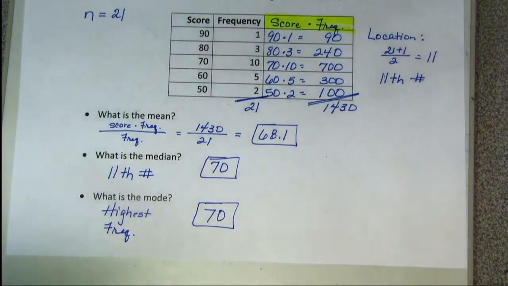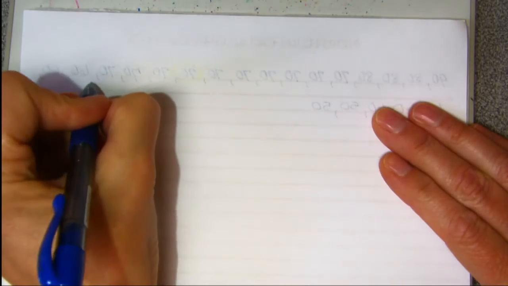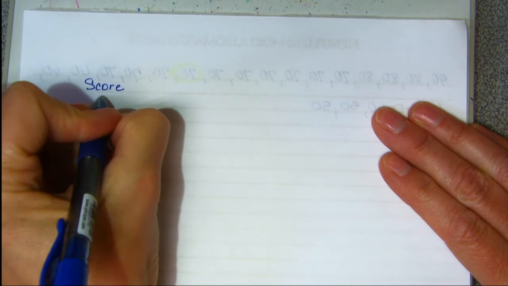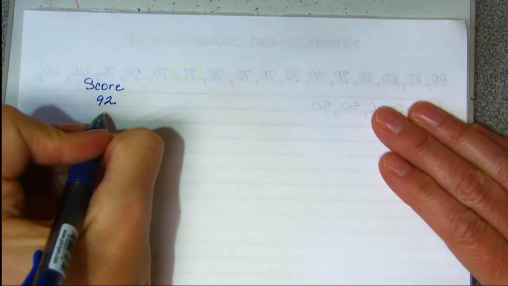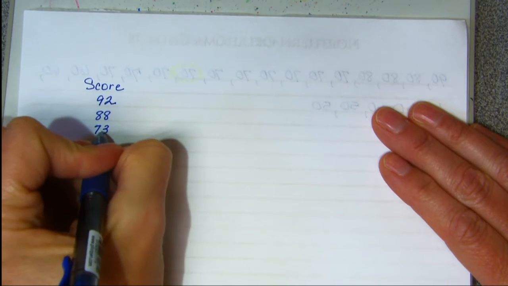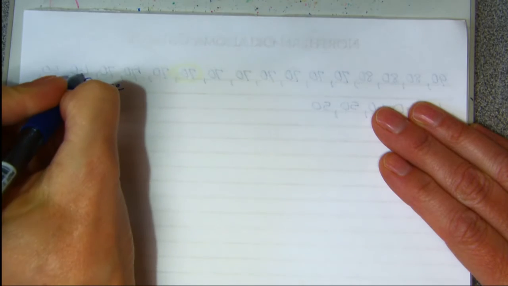Okay? All right. Now, I am going to do one more example from a table. I'm going to create a table. All right, so I'm going to stick with scores. So let's say that we have some scores of 92, 88, 73, and 61.